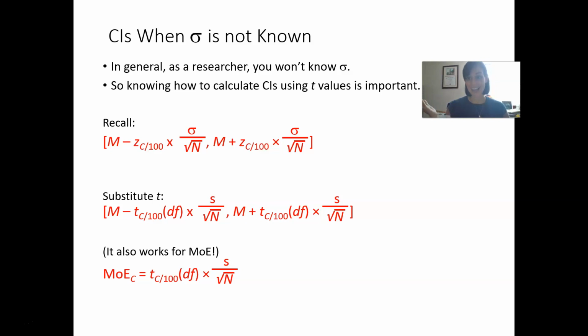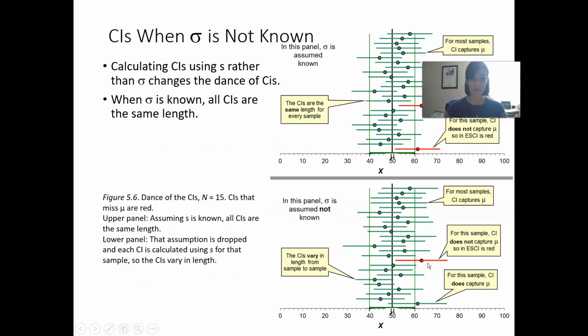And again, as we saw before, if it works for a confidence interval, it works for our margin of error as well. For 95% confidence intervals, our margin of error will be our t statistic at 95% confidence with a certain degrees of freedom times our standard error.